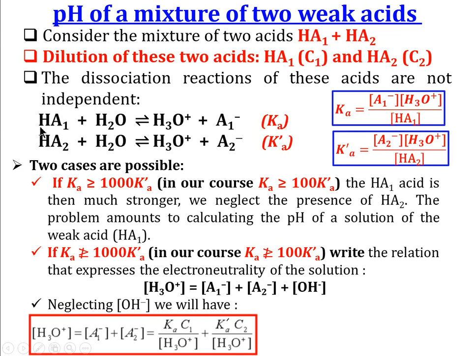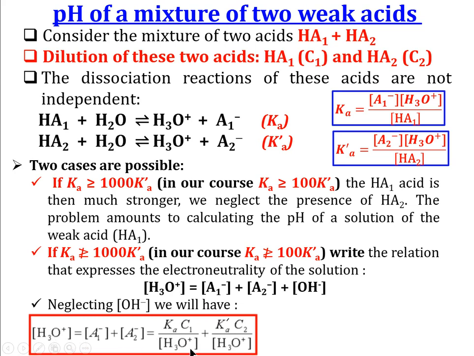And since HA1 and HA2 are in general weak acids of weak strengths, HA1 at equilibrium is practically the initial concentration C1, and HA2 at equilibrium is practically the initial concentration C2 after dilution. So the expression H3O plus concentration equals A1 minus concentration at equilibrium plus A2 minus concentration at equilibrium will be equal to Ka C1 divided by H3O plus plus K'a C2 divided by H3O plus.